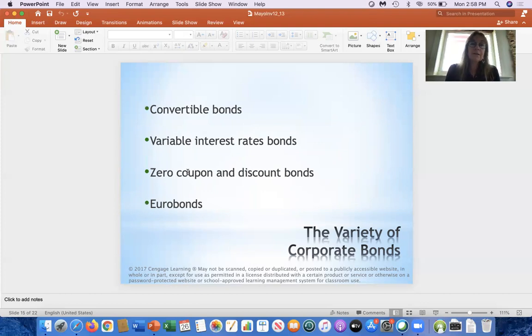It's just heavily discounted when you purchase it, and then the capital gain is a lot more. So getting back to my savings bond example, if you bought a $100 savings bond, it would only cost you $50. At maturity, it would be worth $100. If you keep the bond, a savings bond past its maturity, it continues to earn interest.